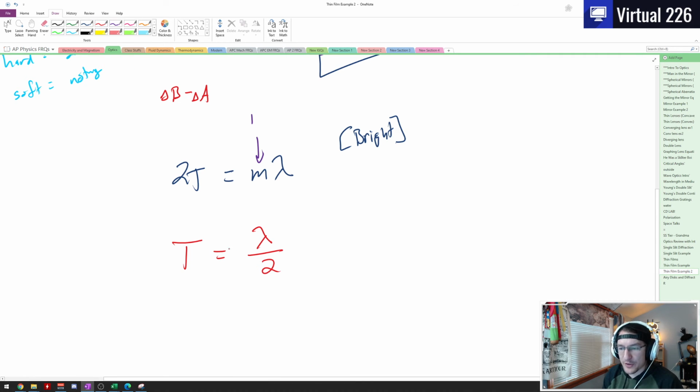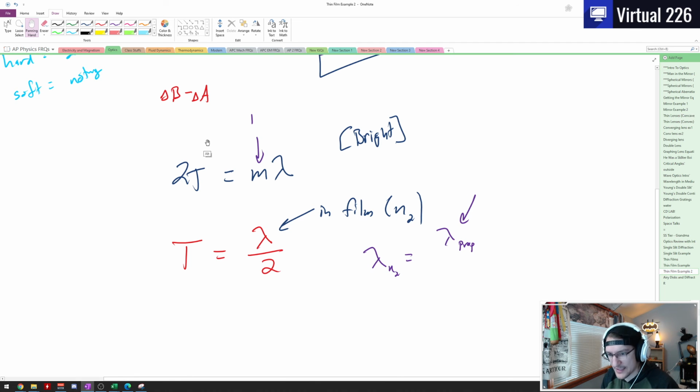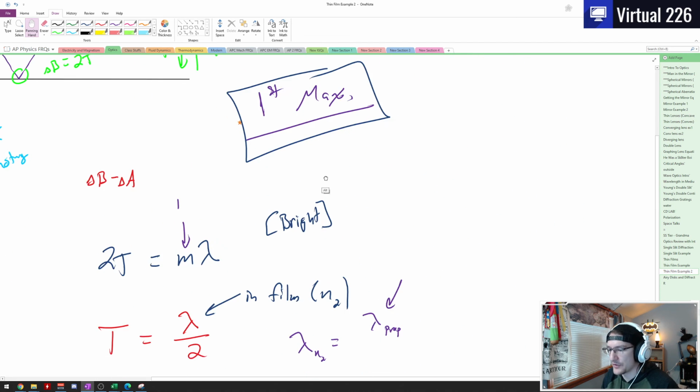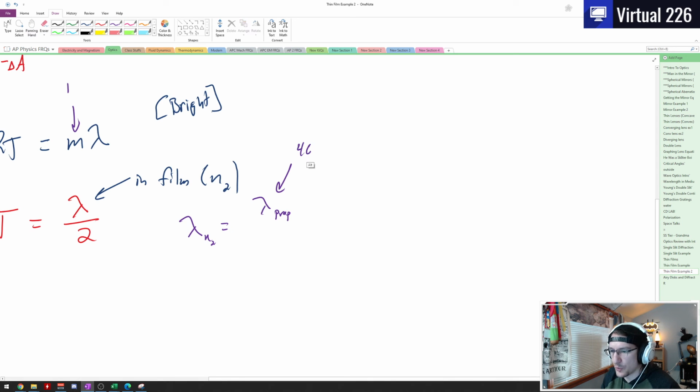While we've done the math correctly, we're not fully done with this problem yet. The thing to remember is that this wavelength is in the film. It's in N2 right now. So what we really need to say is that the wavelength in the film is equal to the wavelength proper, the 467 nanometers, divided by the index N2.